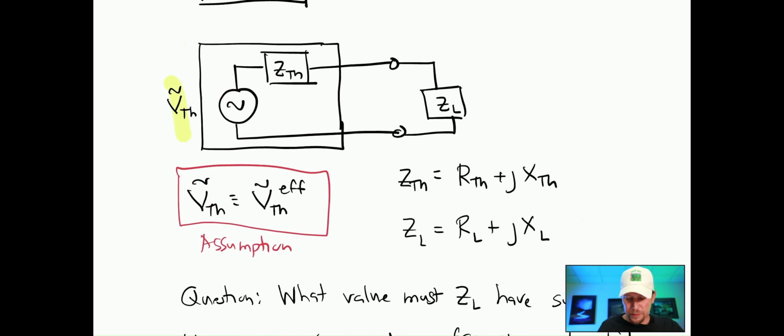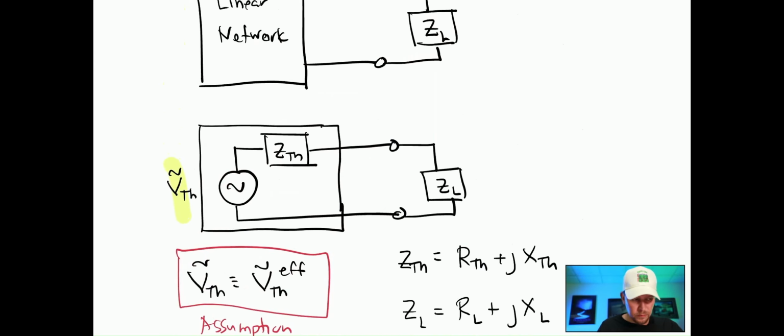Again, we know that from this diagram, if we have a Thevenin voltage that's providing us with this voltage, there is going to be a current that flows through the circuit. So there's going to be an effective current that flows through both of these elements.